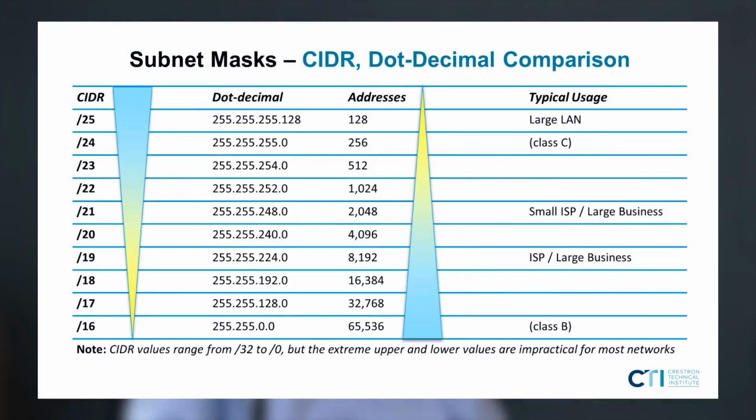Gotcha. Now, with those consecutive ones, we also have the ability to move them, right? So I don't always have to be a /24. I can be a /23, I can be a /25. But what it does impact is how many network IDs or how many host IDs I can have. If I went from a /24 to a /23, I effectively doubled the number of host IDs I can have in my network.